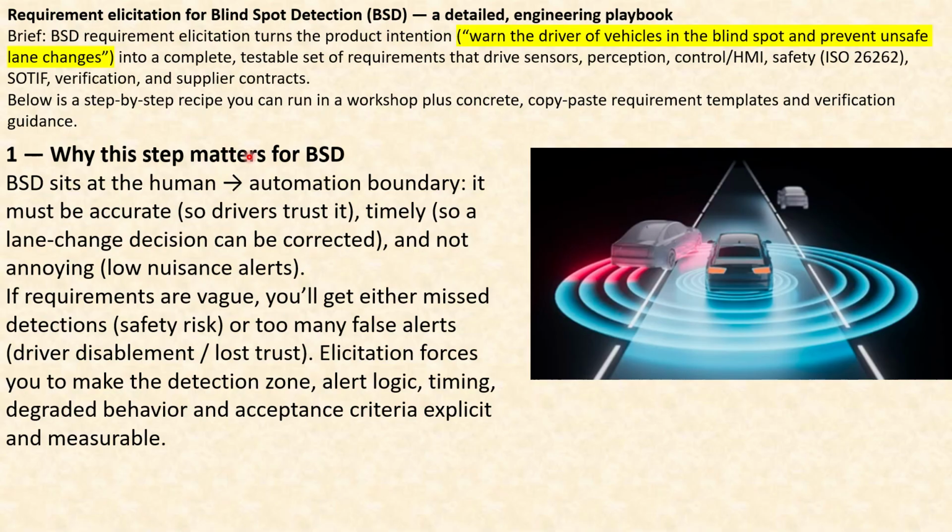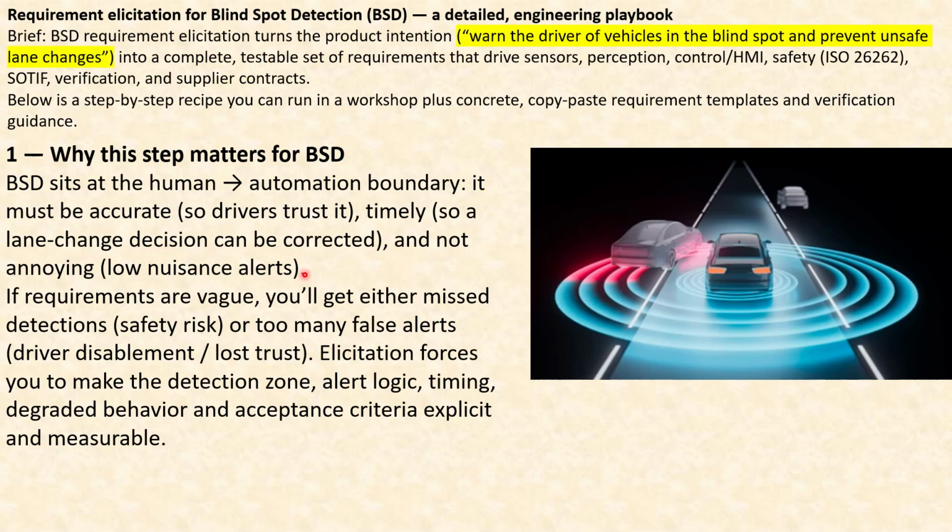and verification guidance. All right, first of all, before we jump into the actual requirement elicitation, let's see elaborately why this step matters for BSD. Okay, BSD means blind spot detection. I'll be using this acronym henceforth. Now BSD sits at the human automation boundary and it must be accurate because the drivers have to trust it, and timely so that a lane change decision can be corrected, and not annoying.